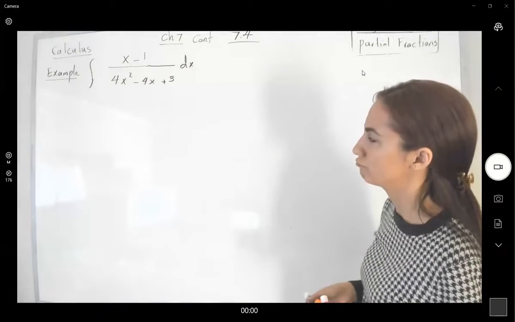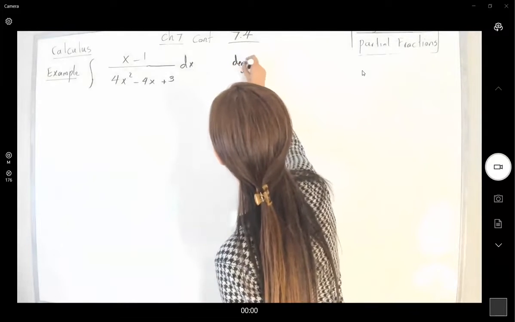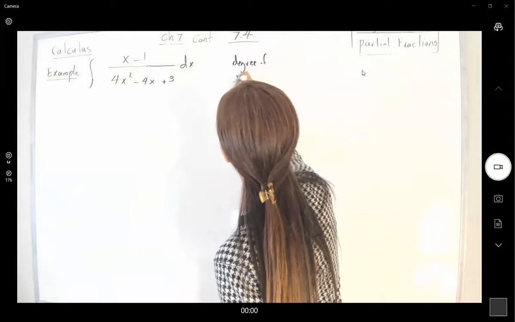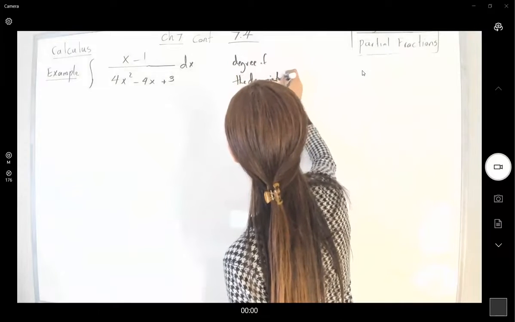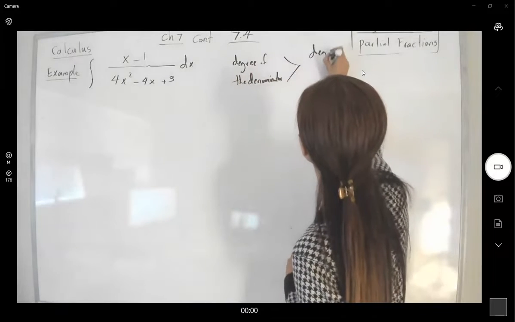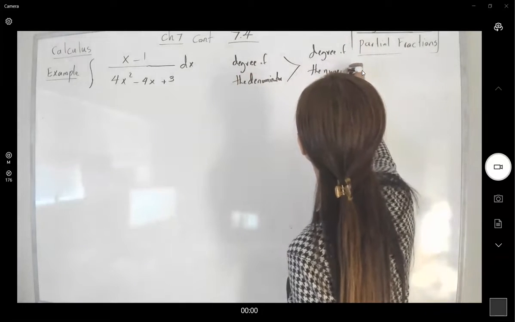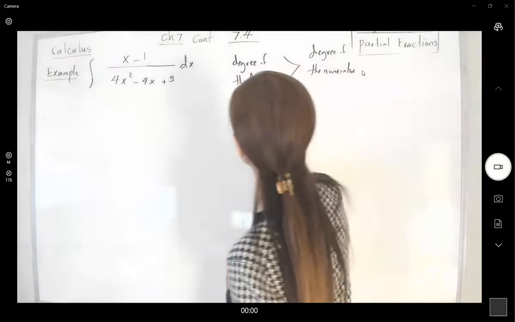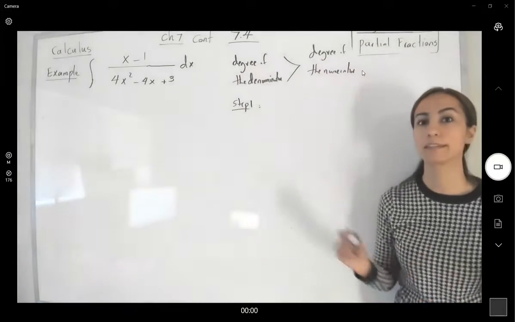You might say we see that the degree of the denominator is larger than the degree of the numerator. So step 1 is to write the denominator in factor form.